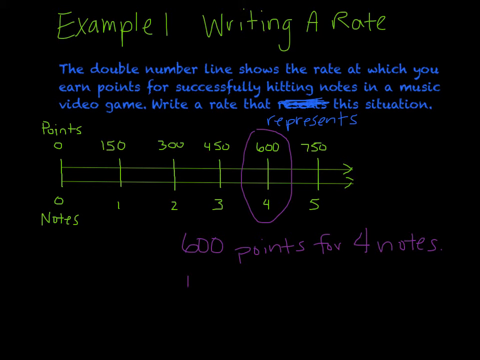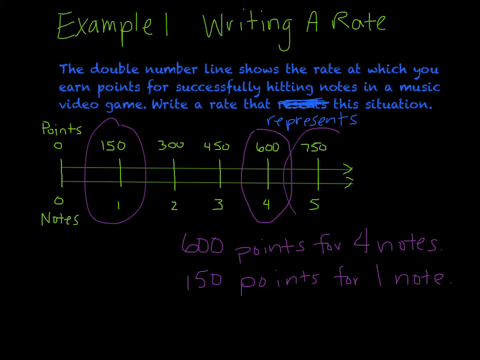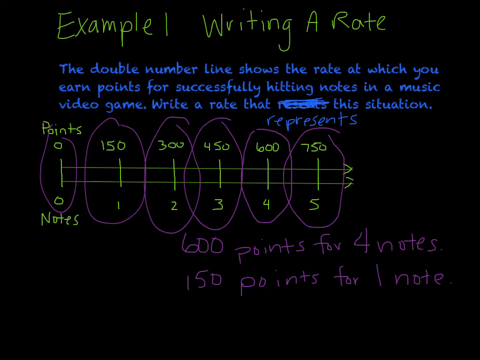Another one would be 150 points for 1 note. And it is really just that simple. You look at it, you read it, what does it represent? 750 points for 5 notes, 300 points for 2 notes, 450 points for 3 notes, 0 points for 0 notes. It's really that simple. That's example 1.